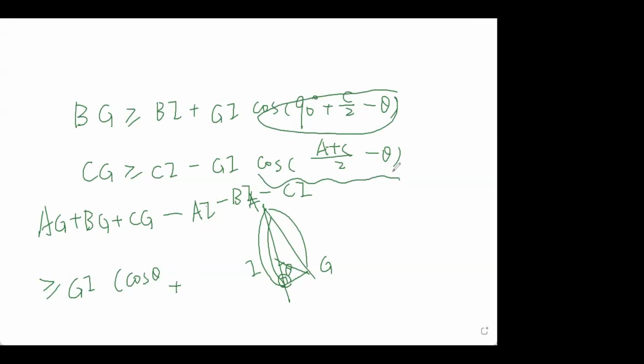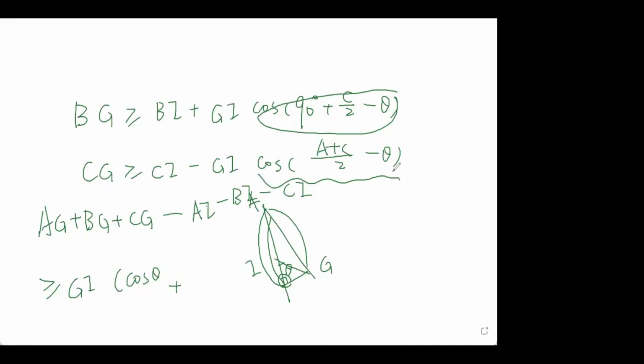So maybe you could think of how you could bash it, the relationship between different angles and cosine. You need cosine theta plus cosine of 90 degrees plus C over 2 minus theta, and the other cosine formula. How can you relate them?